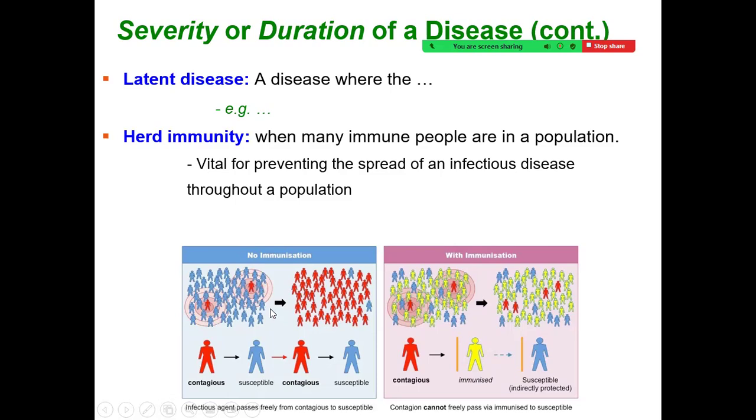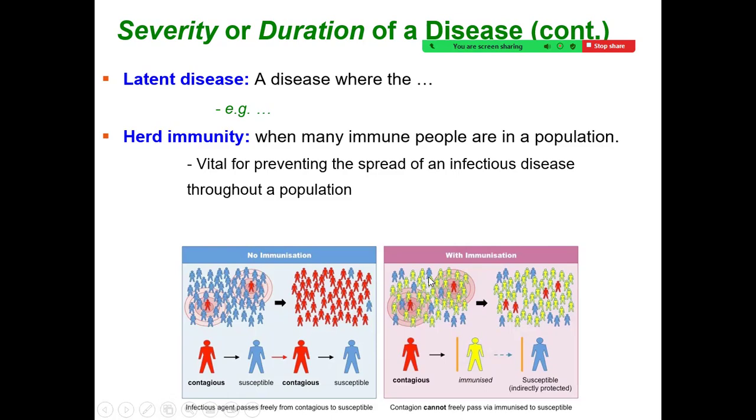If, on the other hand, the majority of the population are immune, the yellow individuals, and then somebody is contagious with the disease, the reddish people, the disease can't easily spread and can only spread to those people in close contact with those who are contagious.